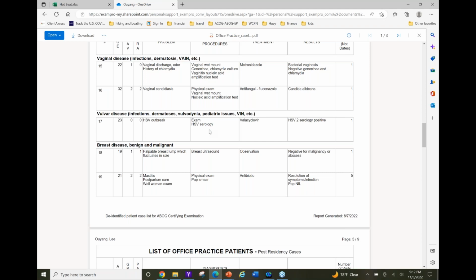She could be on a suppressive dose of the valacyclovir. Okay, anything else? Being aware of her symptoms, making sure she doesn't have any prodromal symptoms as well, because she can transmit it at that point. Maintaining good hygiene, I guess, hand hygiene, general hygiene while she is in the middle of the outbreak.